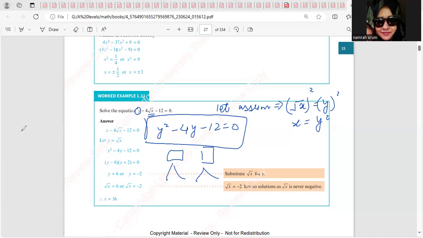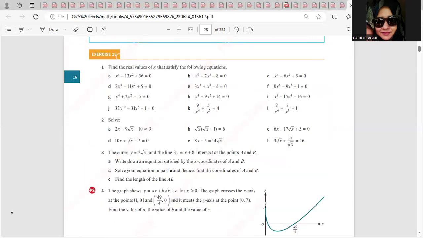Is that fine? Okay. Now let's solve an example here. These are all simple questions basically. I'm going to solve this one because these are all easy peasy.